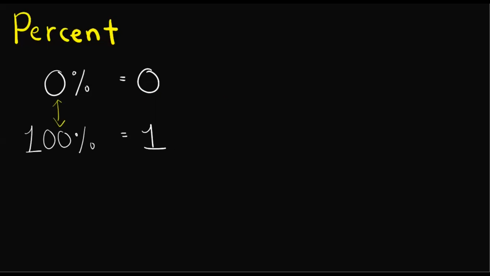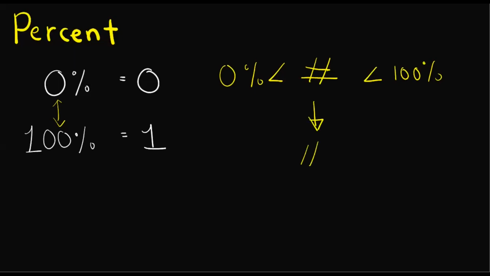Because say if we are given a number and it is between 0% and 100%, then that number is actually from 0 to 1.